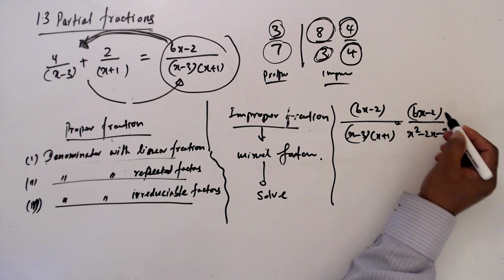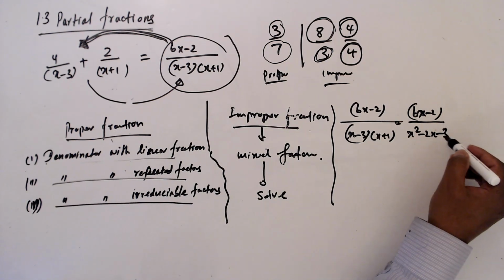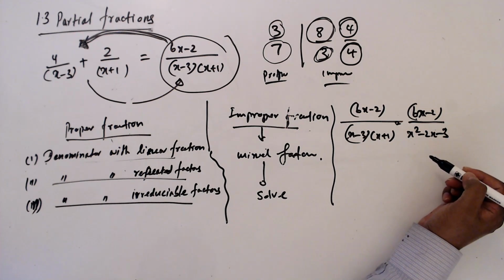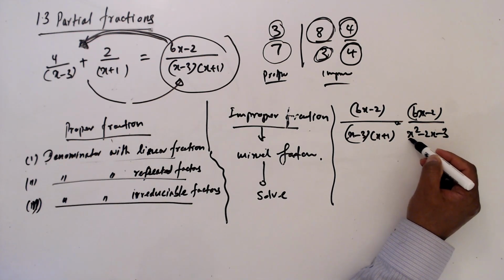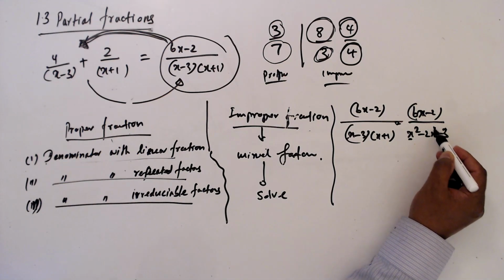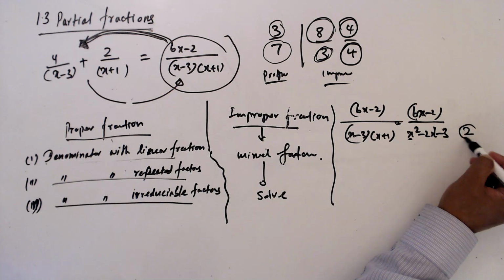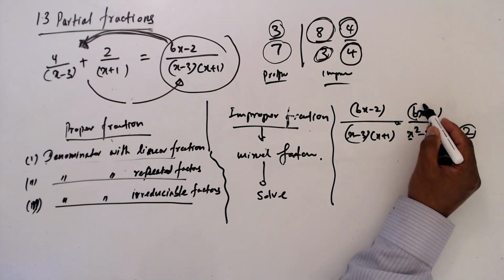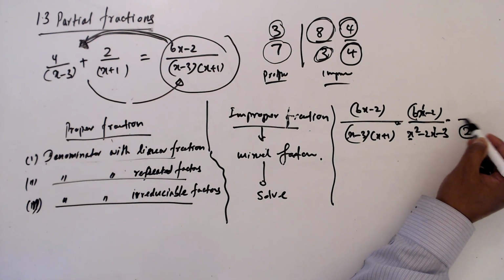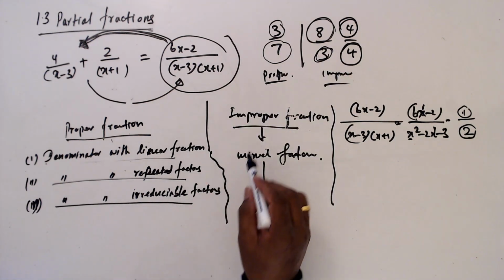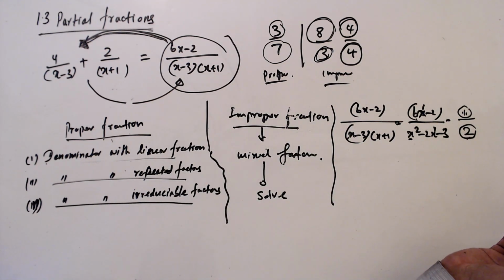Now find the highest power of the numerator and denominator. The highest power in the denominator is 2, and the numerator's highest power is 1. So 1 over 2 is a proper fraction.